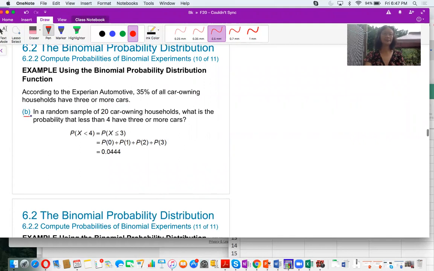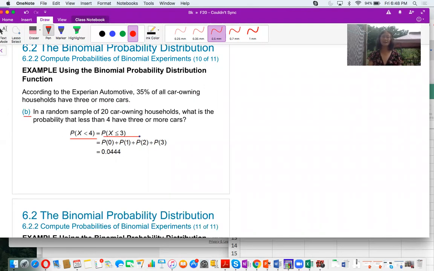Question B. In a random sample of 20 car-owning households, what is the probability that less than 4 have 3 or more cars? Less than 4. The probability of less than 4 is the same as the probability of smaller equal to 3. Why?